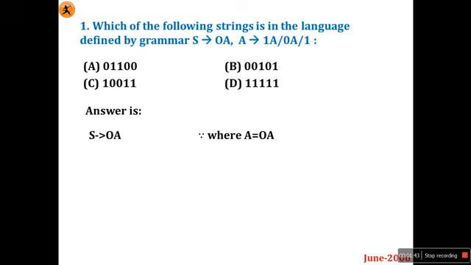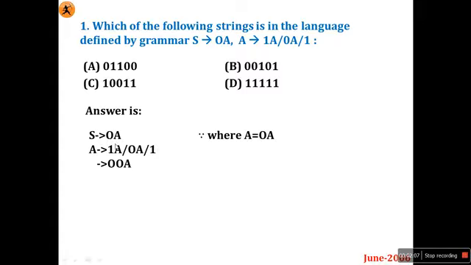The given is S = 0A, so A = 1A or 0A or 1. So substitute for A; there are three options, 1A, 0A and 1, but if you substitute 1 it terminates, and there is no output here, so don't consider 1 here.